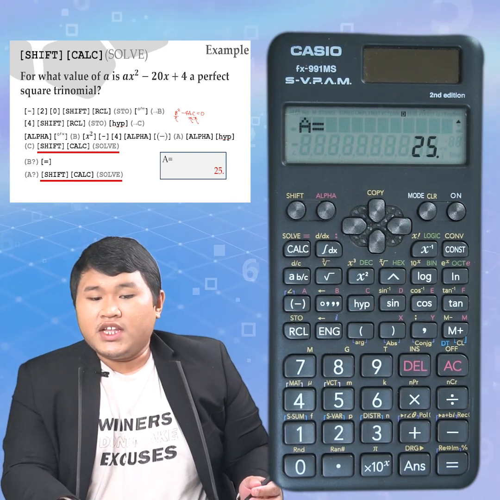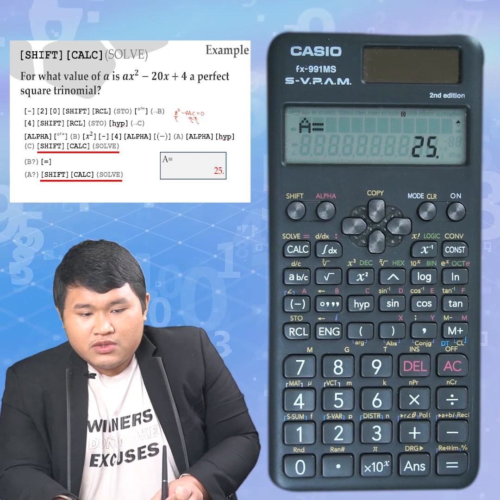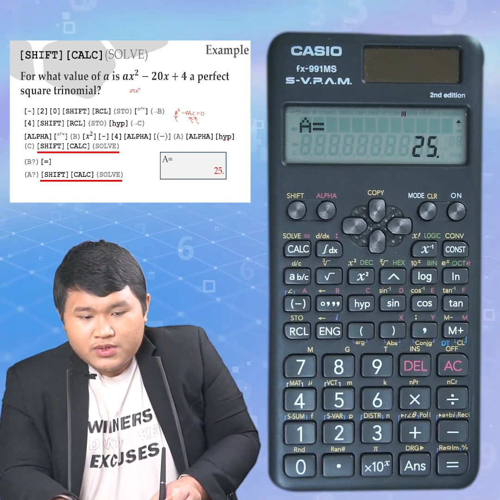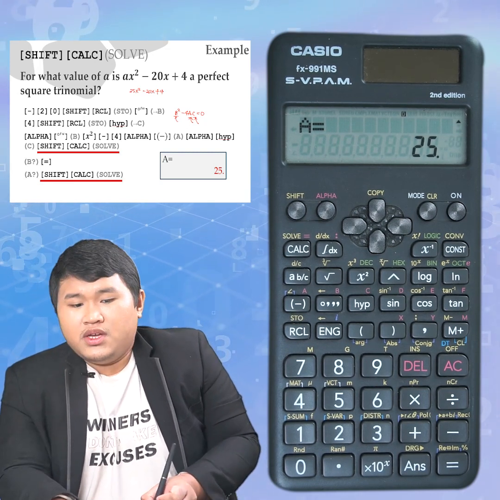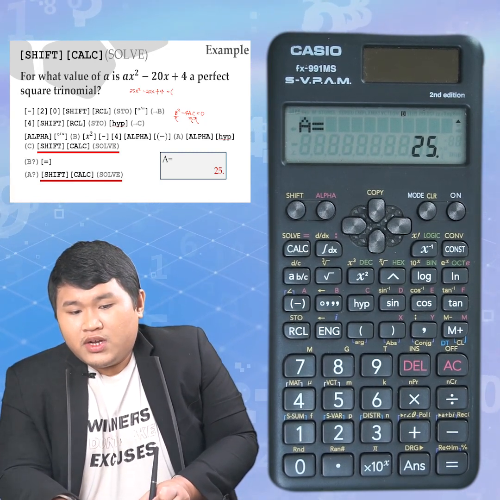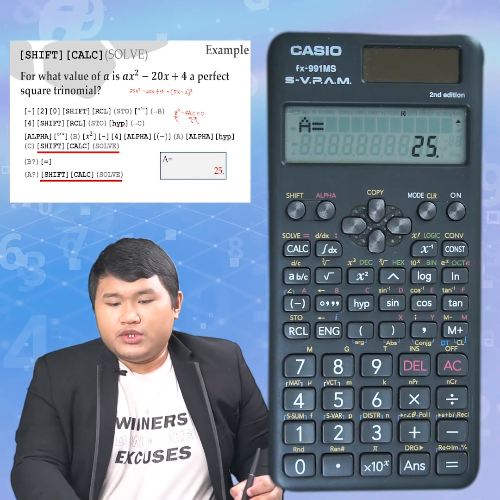That is the final answer to this problem. So, the trinomial that we need is 25x squared minus 20x plus 4. And we can verify this manually because this one is factorable as the quantity 5x minus 2, quantity squared.